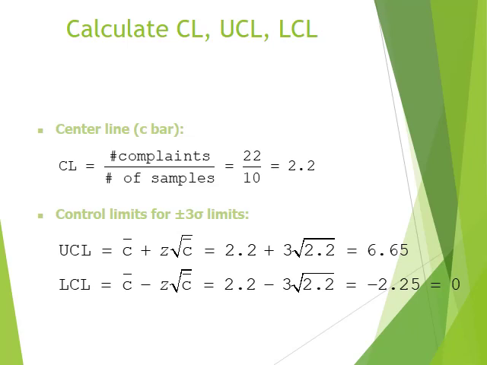And then to calculate UCL, you have to use C bar plus Z square root of C bar. So 2.2 plus 3 square root of 2.2 equals 6.65, and also LCL is C bar minus Z square root of C bar.